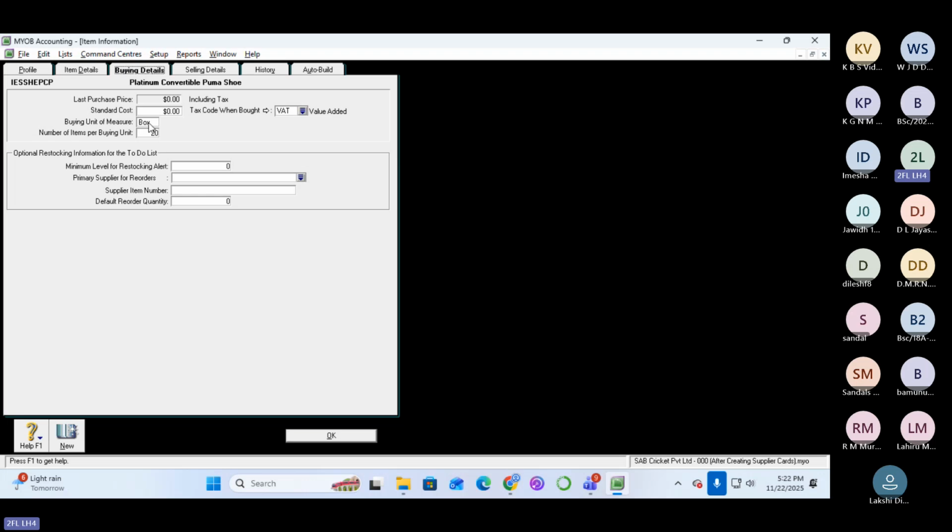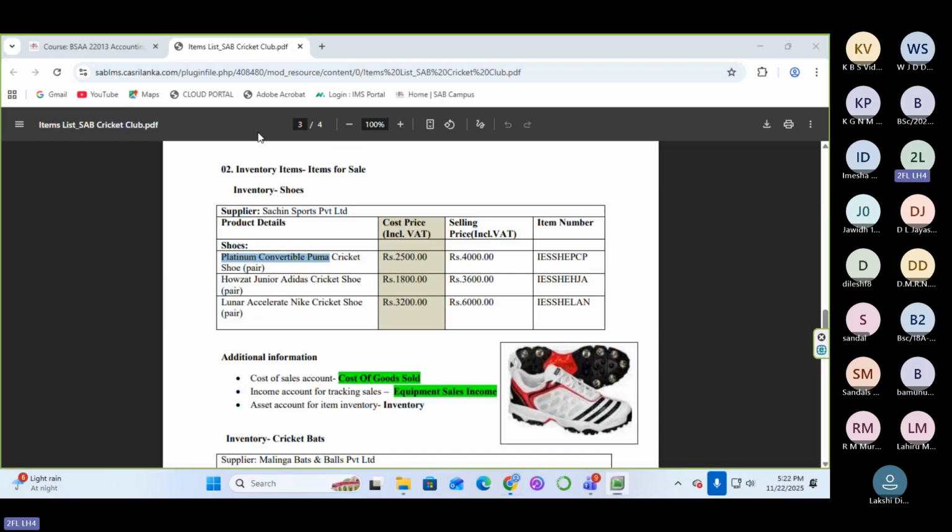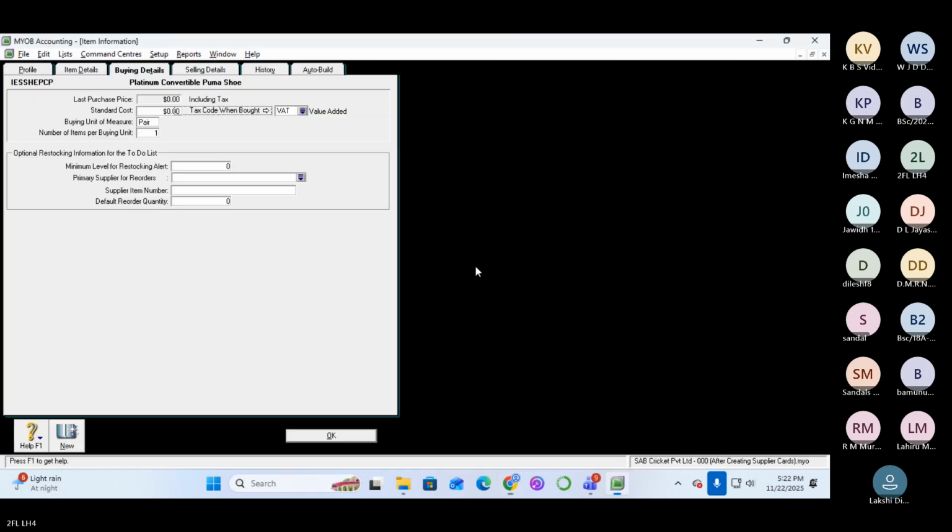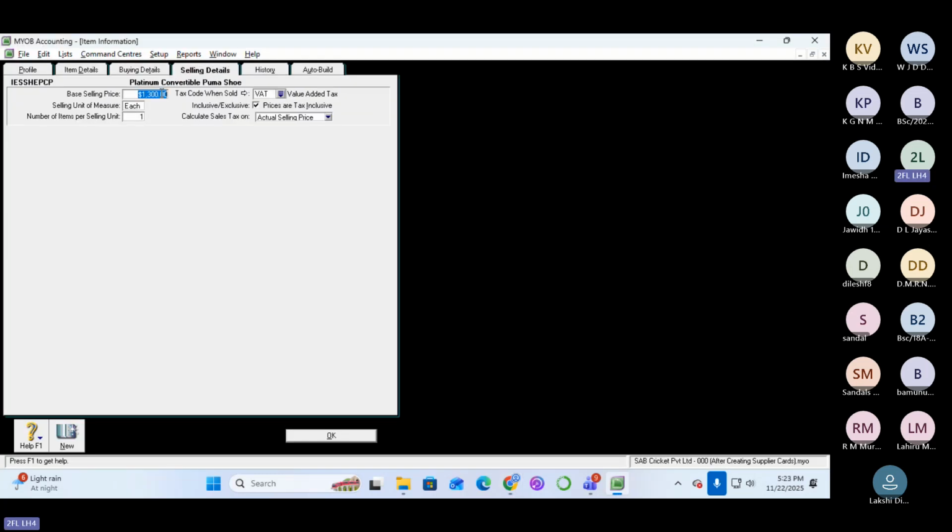Buying unit of measure is pair. And number of items per buying unit is 1. A pair and 1. They are also VAT inclusive. The selling price is 4,000.